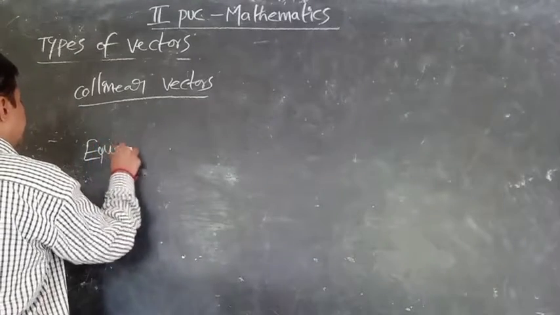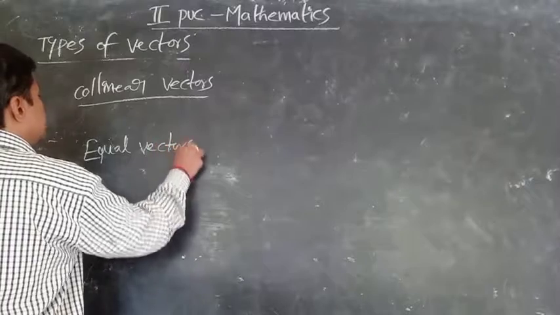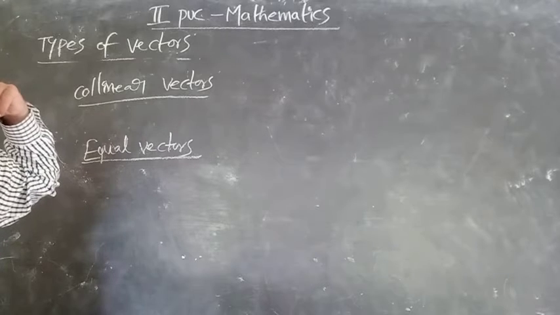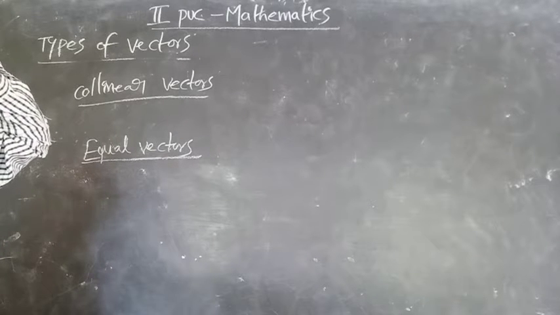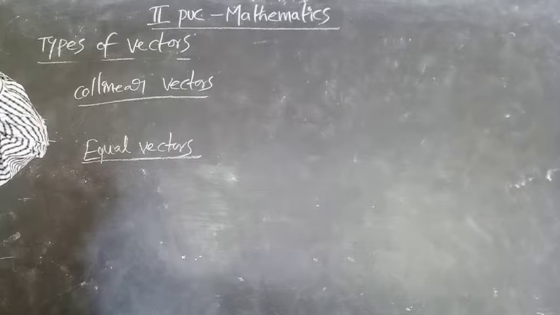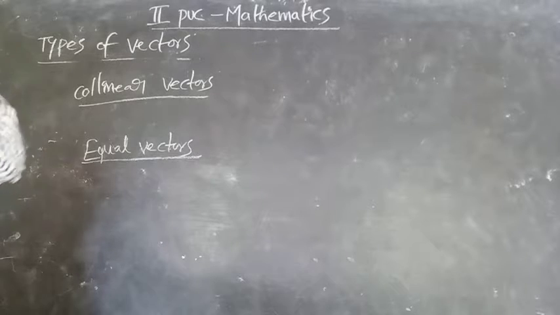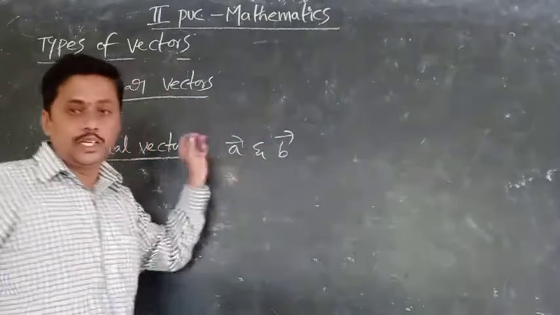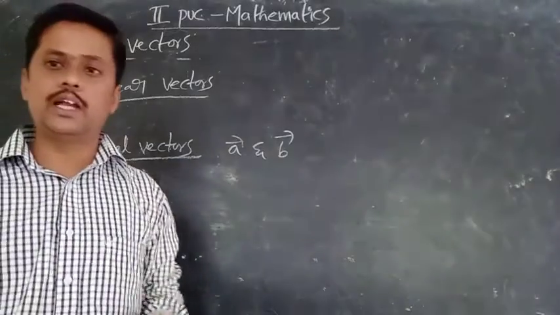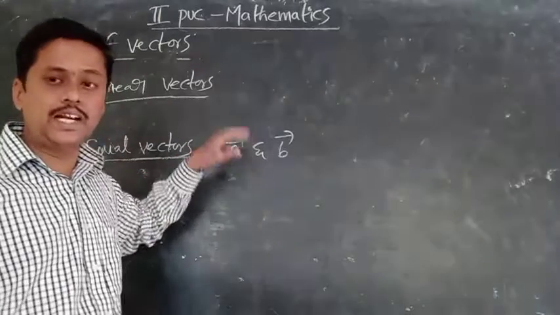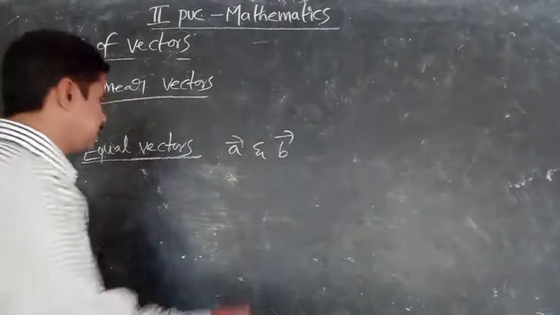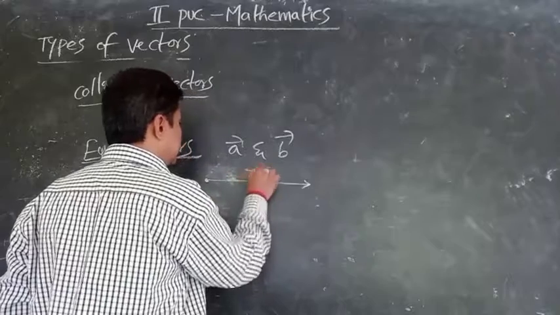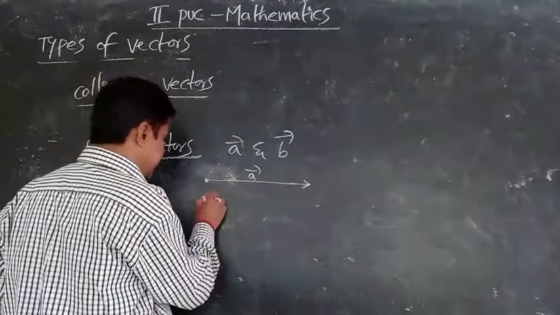Next, equal vectors. What are equal vectors? Two or more vectors are said to be equal if their direction and magnitude are the same. So the vectors a and b are said to be equal if they have the same direction and the same magnitude, that is, same length and same direction.